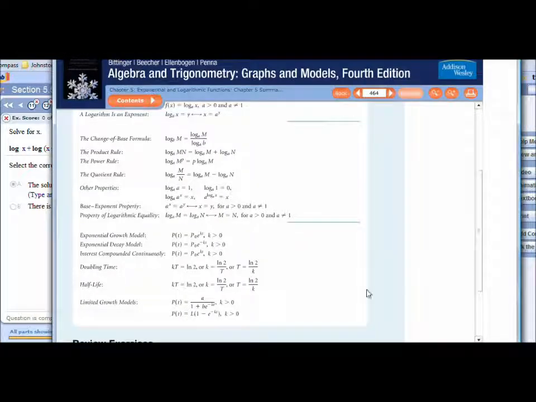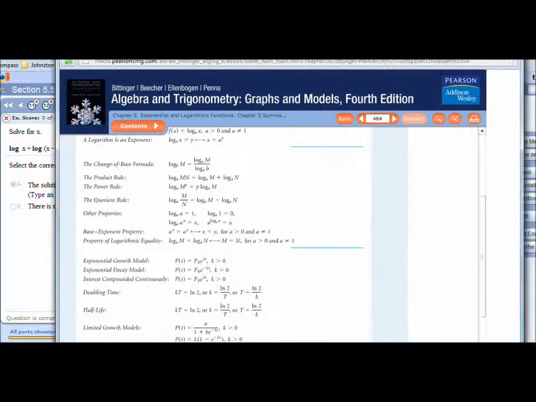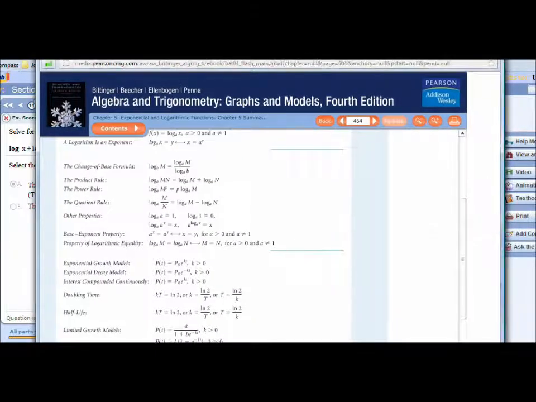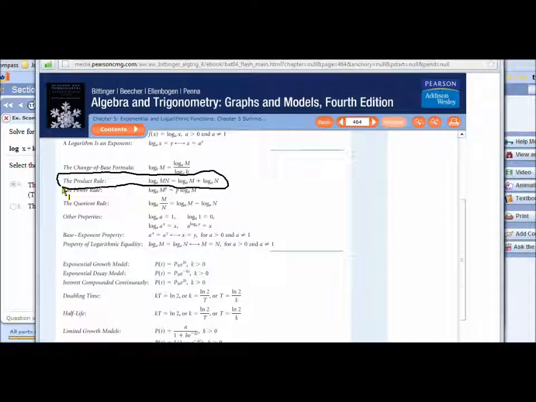And the one which I'm going to use in this case is going to be this one, and let me annotate it so I can circle it. Here, the product rule. And that's this one. So let's look at it, and as soon as I move my window around a little bit, it's going to get rid of the circle, so just keep track of it, the product rule.